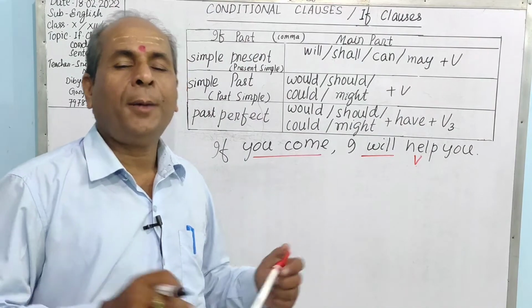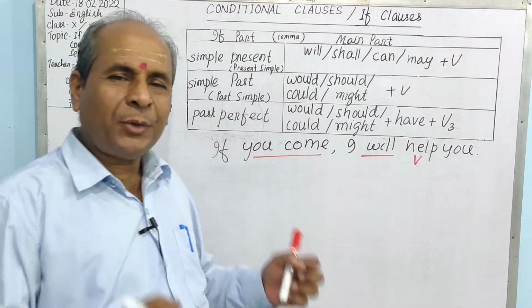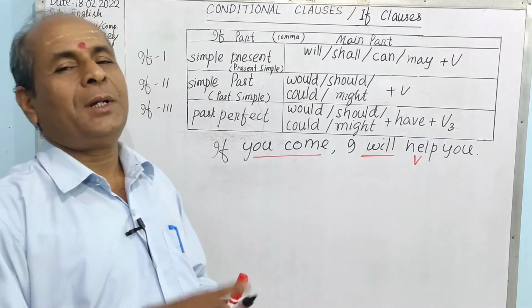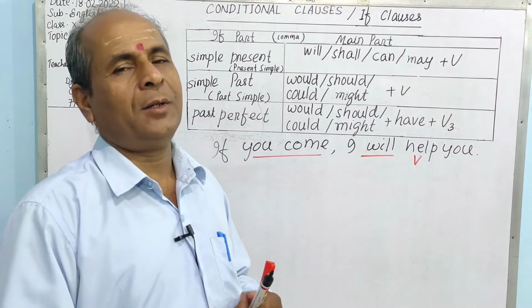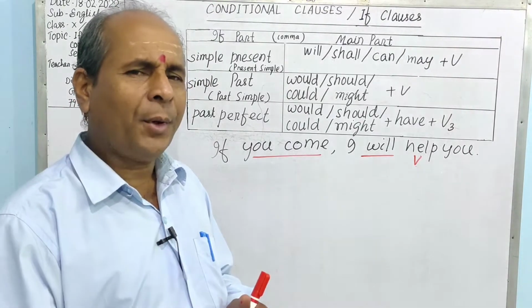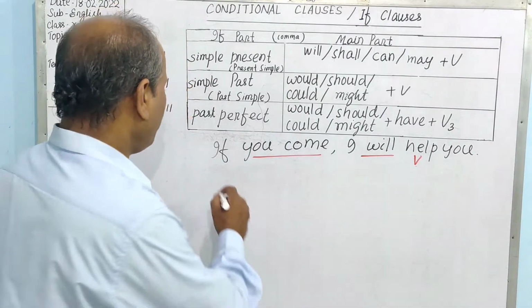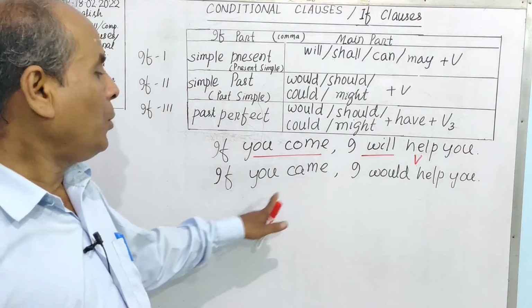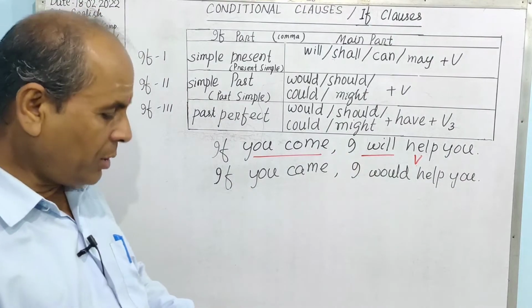But the day passed, evening came, the student did not visit the teacher's house. So the teacher has more affection, and what would he say? He would say, if you came, I would help you. You see the structure here.